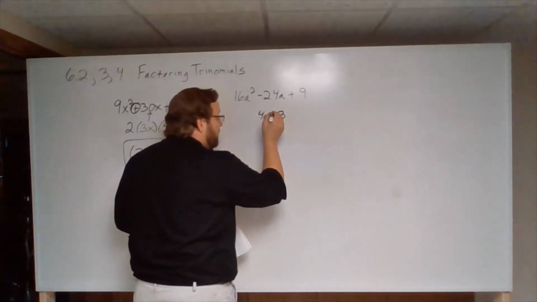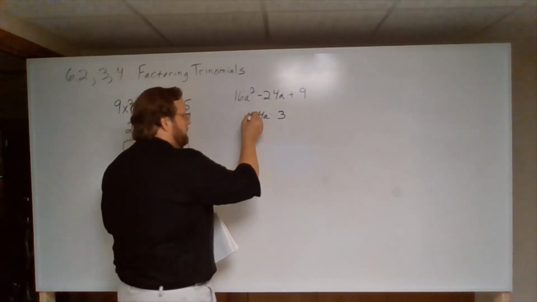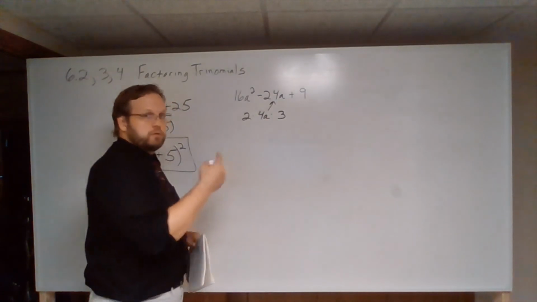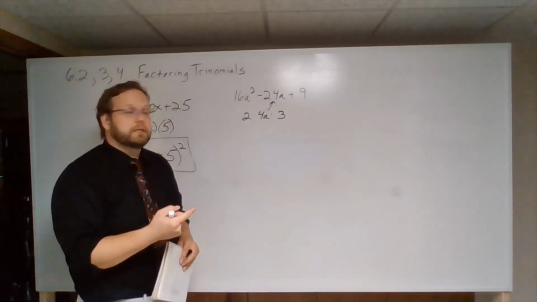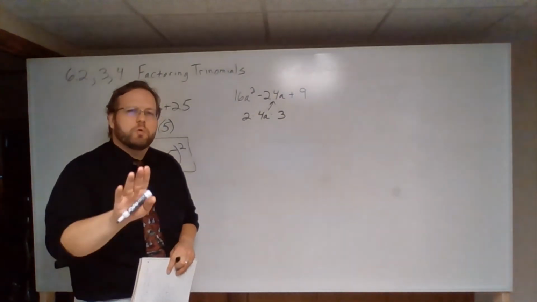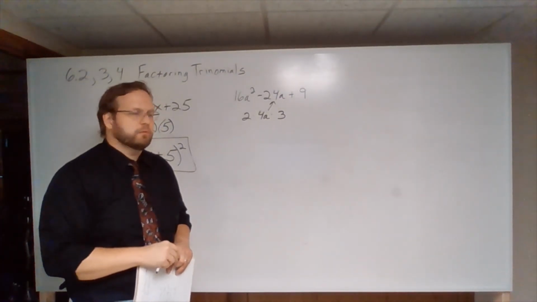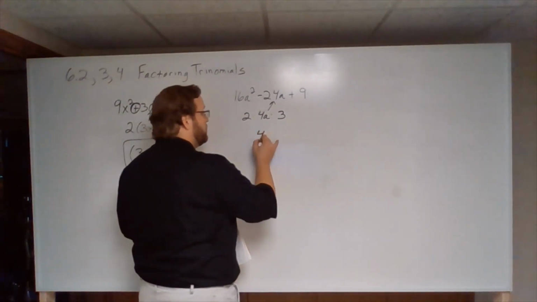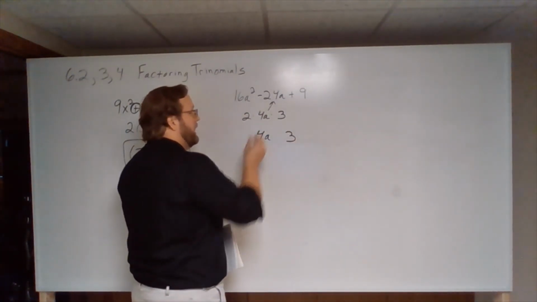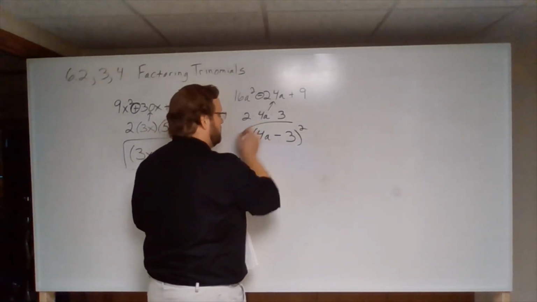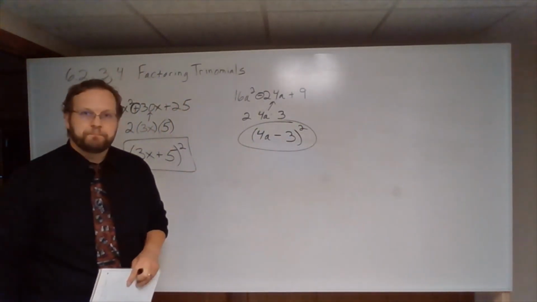But if I multiply those and then multiply by 2, do I get the middle term? 2 times 4a is 8a. 8a times 3, bingo, 24a. Don't worry about the negative. We're going to take that into account. But the 24a is hit. So I take the square roots. I bring that negative down. And we're good to go.